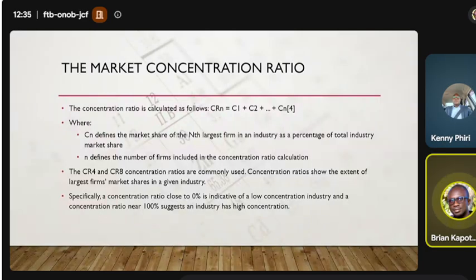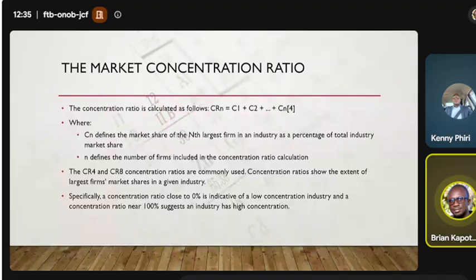And then Cn is the market share of the nth largest firm, assuming you have several firms in that particular market. And then n is the number of firms included in the calculation. So if you included 4, then it will be 4. If you included 10, then it's going to be 10. Okay?